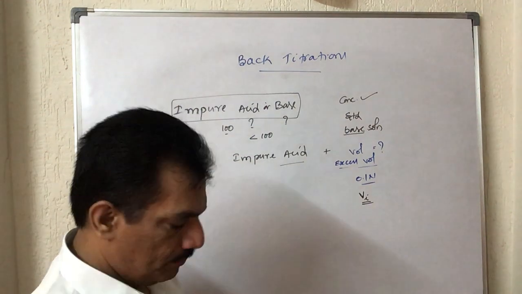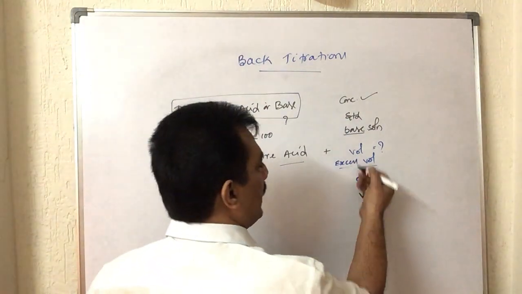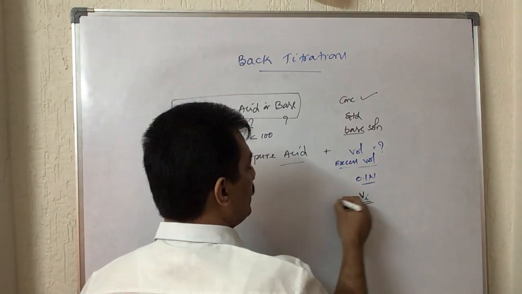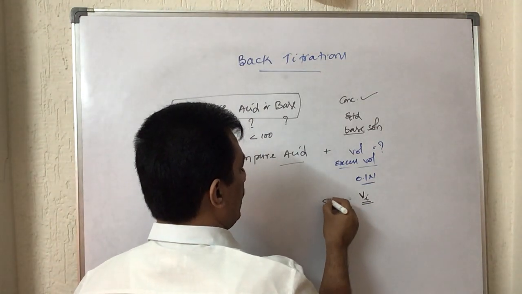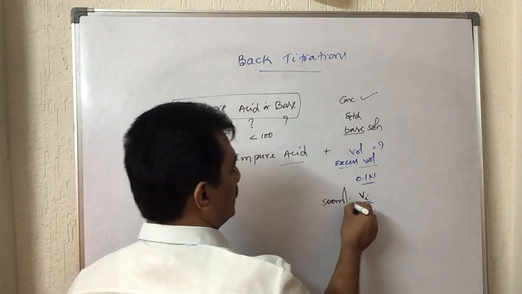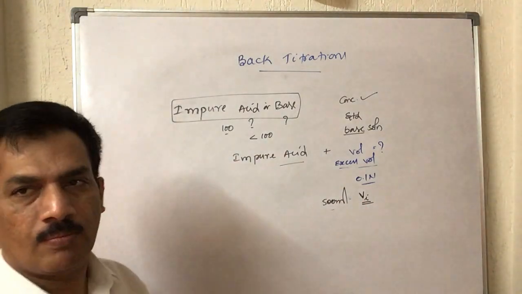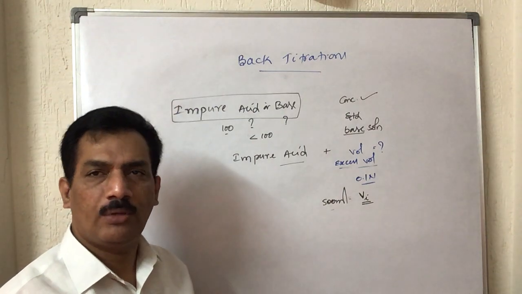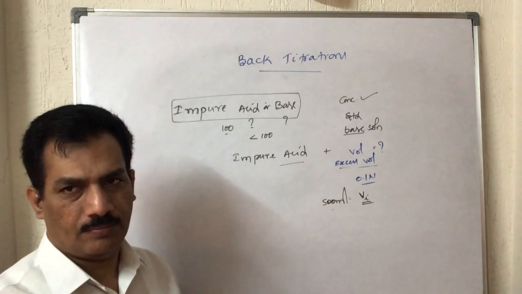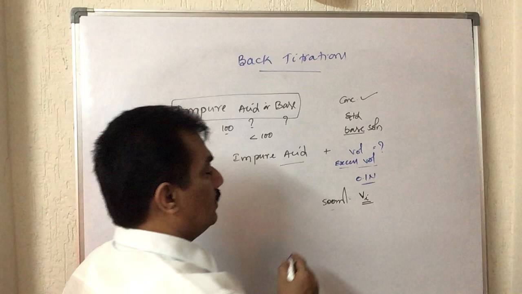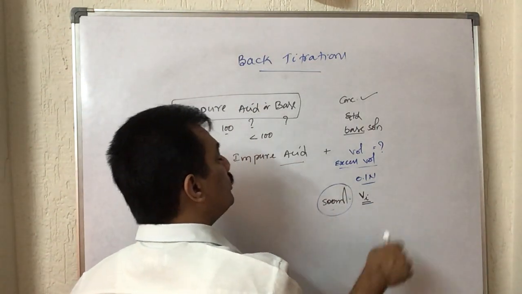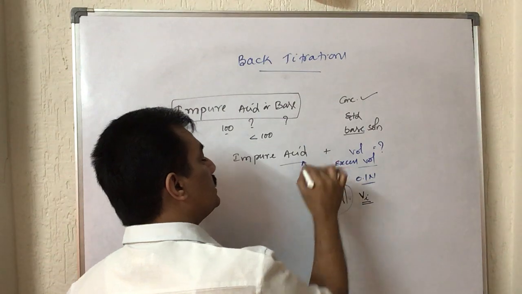Clear? Now, say the initial excess volume taken, V initial, is 500 ml. Let us consider it like that. 500 ml is taken, but out of this 500 ml, some quantity is used for the complete neutralization of that acid, is it not? How much volume is used up to neutralize this?